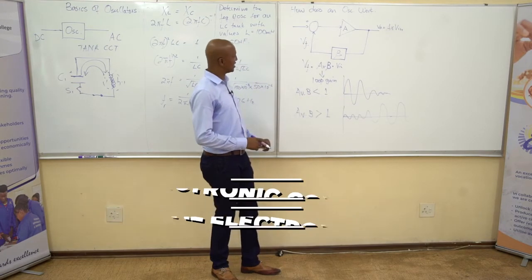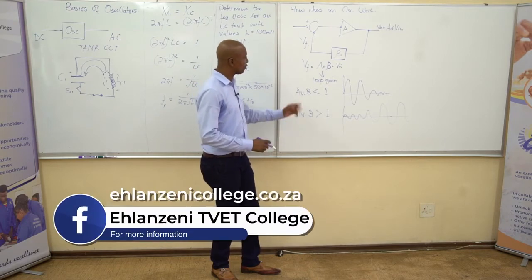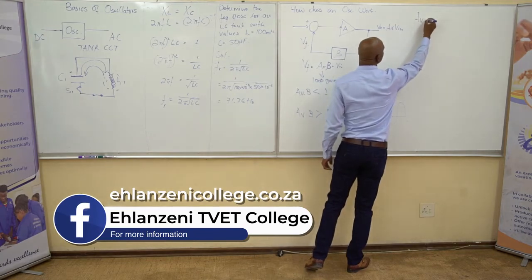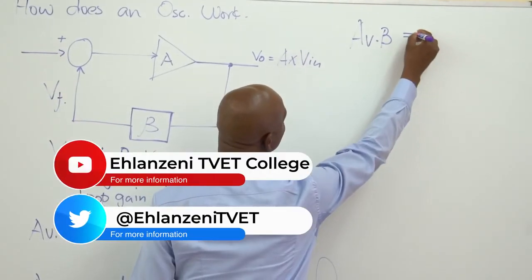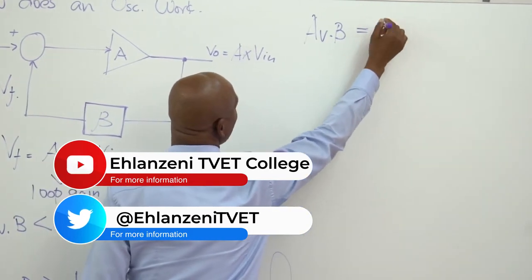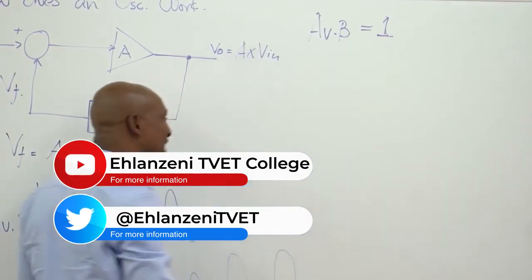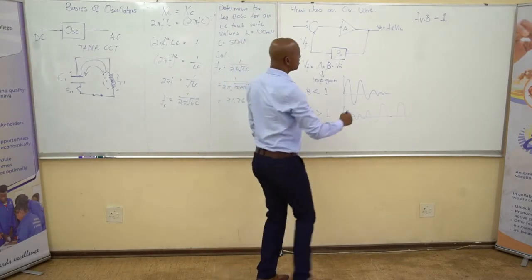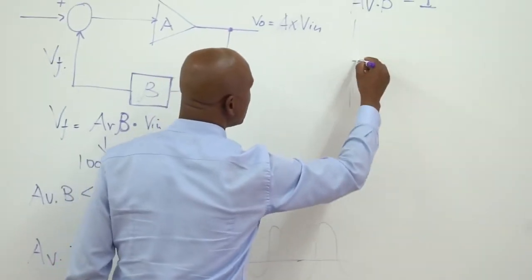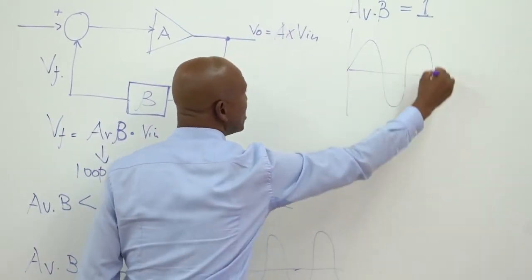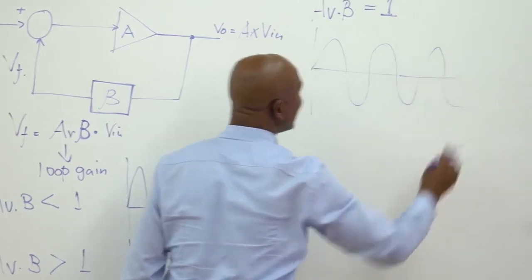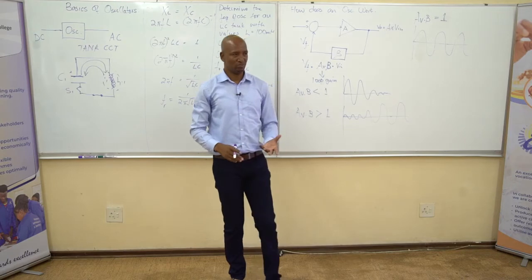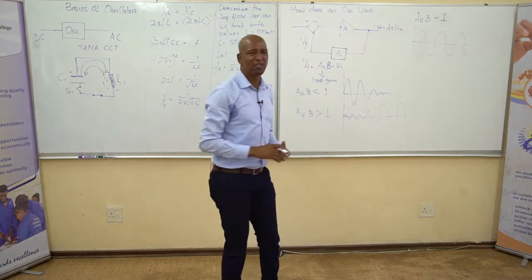So we need a feedback circuit which will give us a gain AVB equal to 1, slightly greater than 1 in practice. What does this mean? It means that our oscillation will be constant throughout. There will be no signal that is being lost. So that is a condition for oscillation.